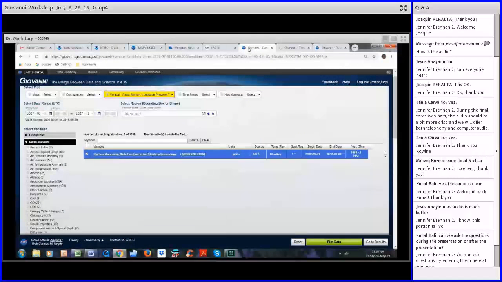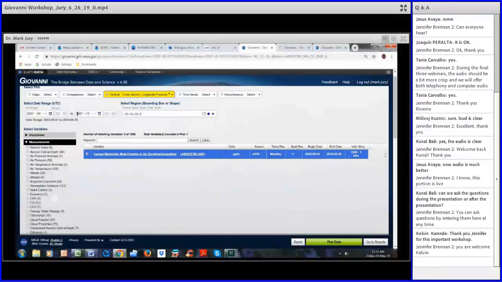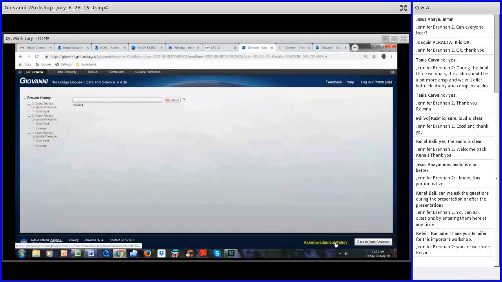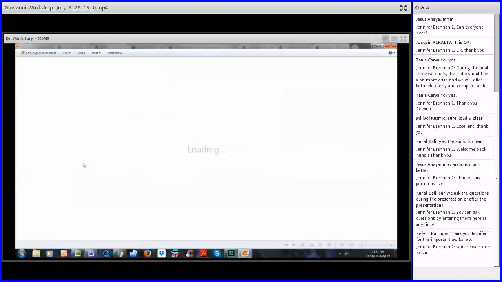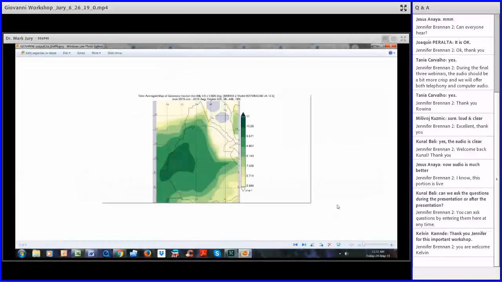Okay, so in the meantime, maybe I'll reduce again the number of months here so that we aren't asking for so much information. So we have August, September 2007. We're going to plot that. It's a vertical slice. There we go. Okay, so now the Giovanni server has delivered the greenness fraction.